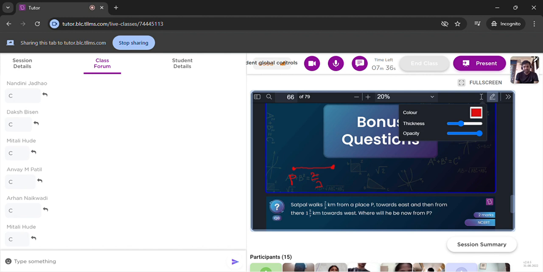Satpal walks 2 by 3 kilometer from P towards east, and then from there, so here to here, and then from here he is going towards west. So where will he be now from P? So in this, how much has he traveled? One whole 5 by 7.